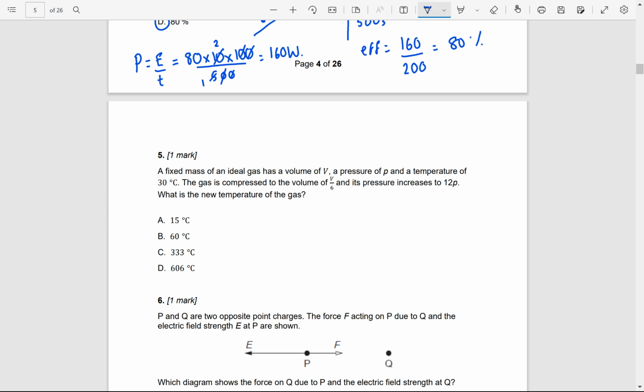Question 5, we have an ideal gas. Now, the thing to note about an ideal gas is it must be in Kelvin. All right, so the answer must come from a calculation in Kelvin. So if you didn't recognize that and you plugged in 30 into a calculation, then you would automatically have an incorrect answer. So we have the ideal gas equation.